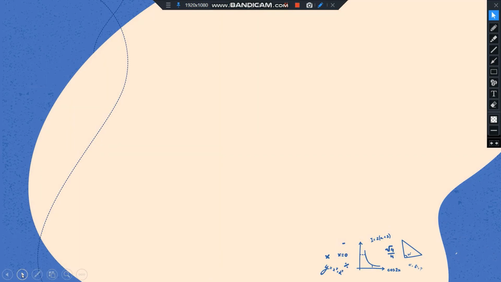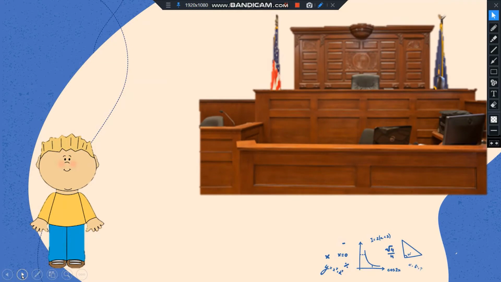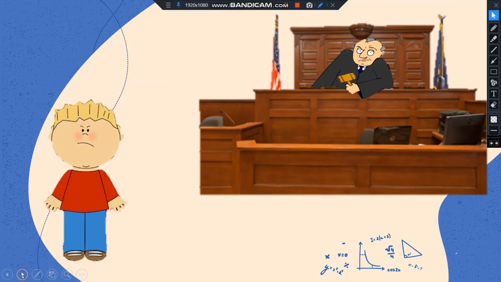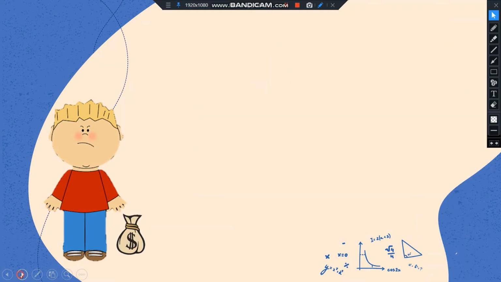So in fact, this is how it works. We have a young boy who is in a courtroom and has been convicted of theft. So we need to somehow try to convince the judge that he's not guilty. The way to prove it is by using proof by contradiction. So the question we need to ask is, does the boy have the money he has stolen?